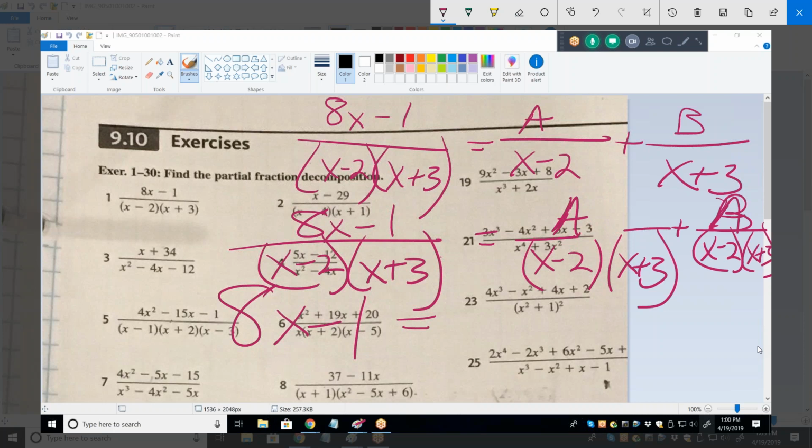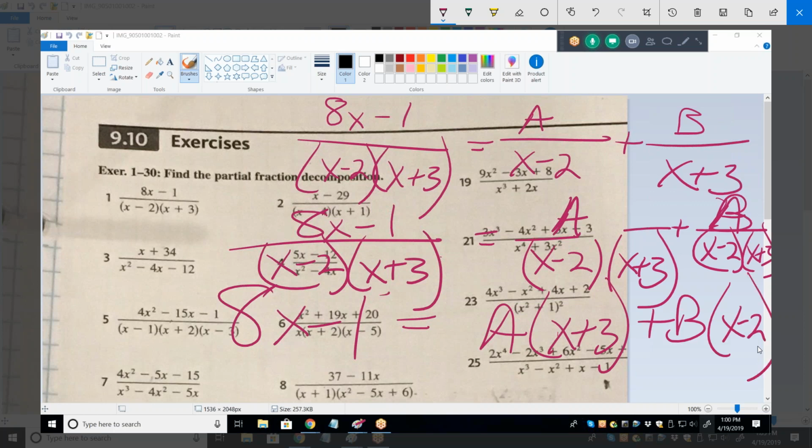The numerator has to be A times what you said, x plus 3, plus B times x minus 2. That has to equal that, because the denominators are equal: x minus 2 times x plus 3.